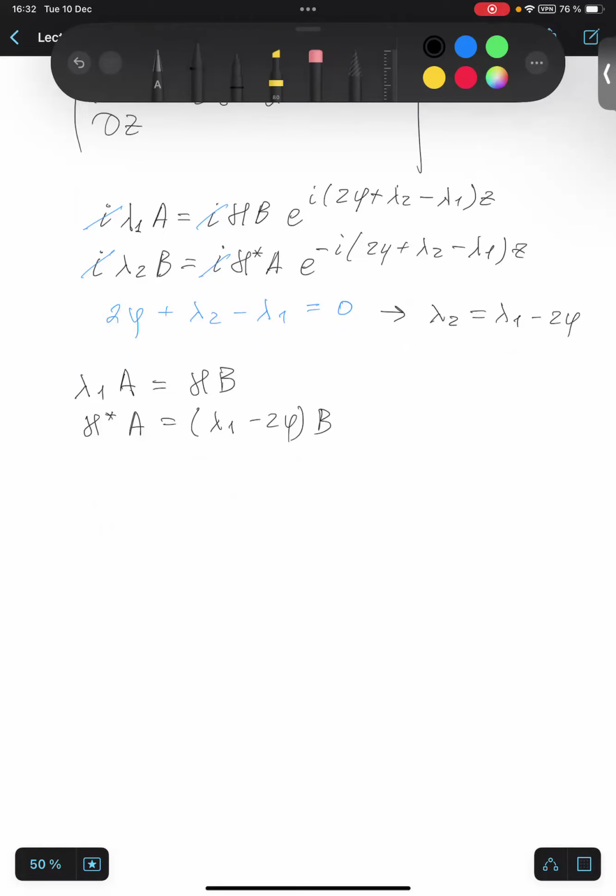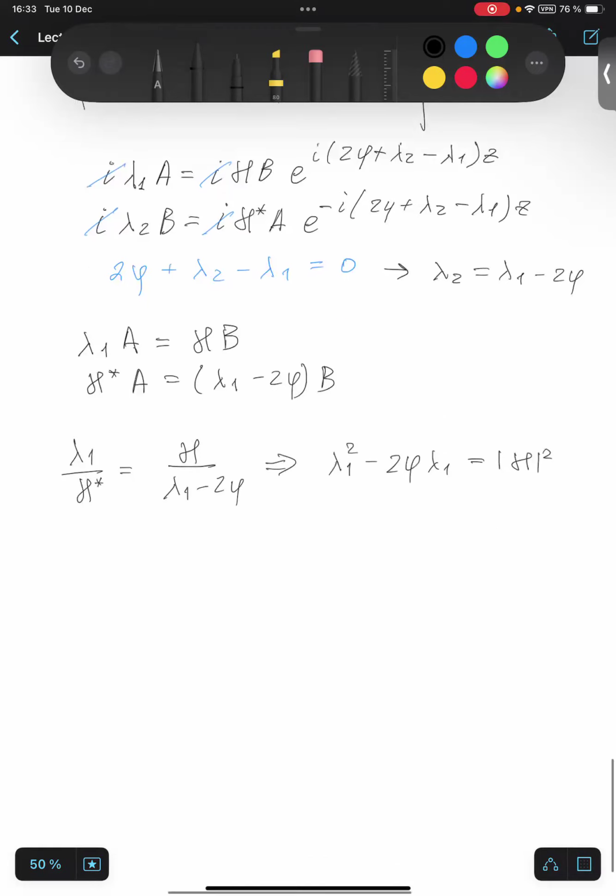So for the first waveguide, what can we obtain? We obtain that lambda 1 over kappa conjugated equals kappa over lambda 1 minus 2 phi, or lambda 1 squared minus 2 phi lambda 1 equals the square modulus of kappa. And let's solve this equation.